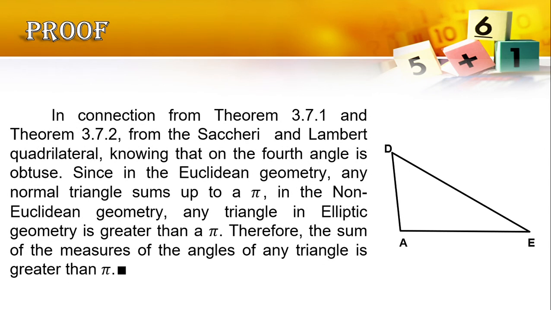In connection with theorem 3.7.1 and theorem 3.7.2, from the Saccheri and the Lambert quadrilateral, knowing that the fourth angle is obtuse, since in Euclidean geometry any triangle sums up to pi, in non-Euclidean geometry, any triangle in elliptic geometry is greater than pi. Therefore, the sum of the measures of the angles of any triangle is greater than pi. So that's the proof of 9.21.